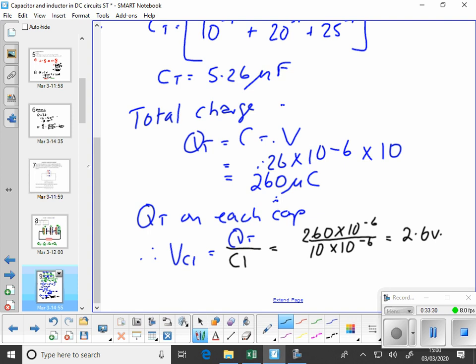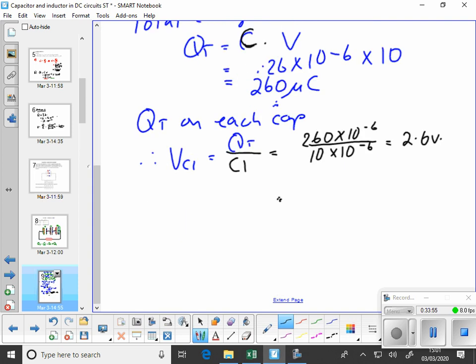No, that's C times V. That's this bloody board there. That's meant to be a dot for multiplication. VC2.